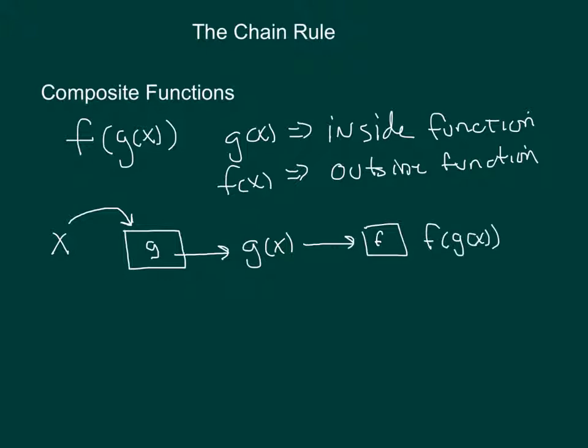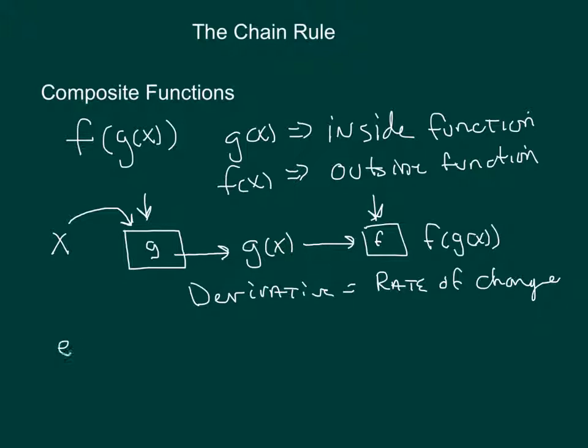So if we're trying to calculate the derivative, and you remember the derivative is the rate of change or the slope, then we have to account for not only the change that's going on as a result of f, but we also have to take into account the change occurring because of the effect of the g function. So let's take an example of a composite function, and then we'll get into the derivative.